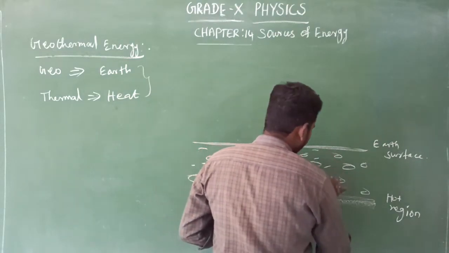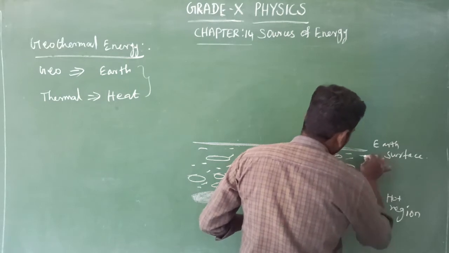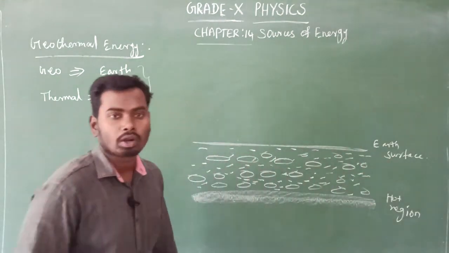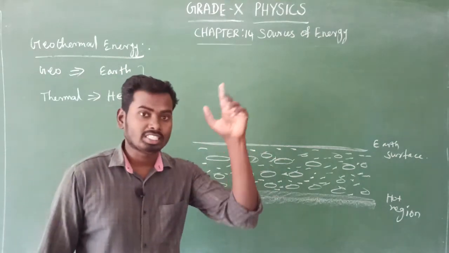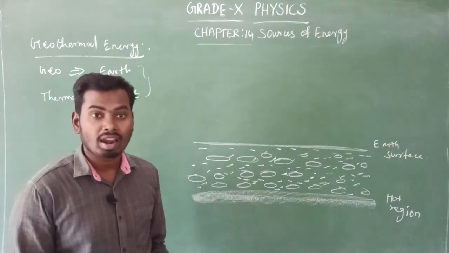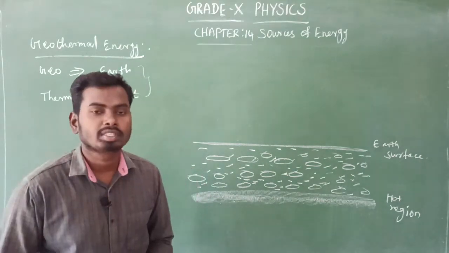See, earth core magma comes out every day in the form of volcano. Mostly it happens in the country of Japan. Japan country is familiar. Volcano eruption is happening there every day.